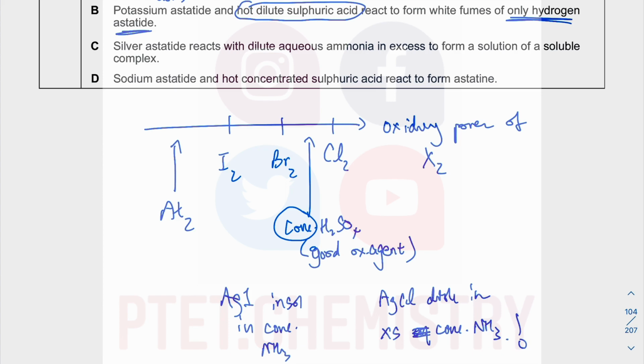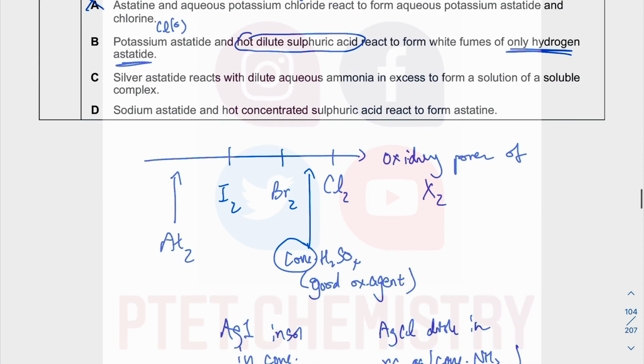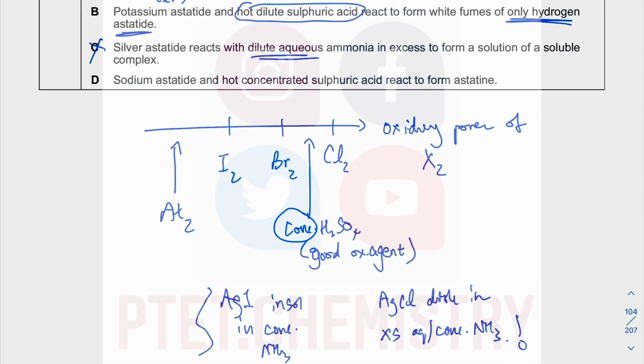No, actually it dissolves in excess aqueous ammonia as well, okay? Aqueous or concentrated, that will work, but you need a huge excess of it. But the solubility of the silver(I) halide decreases down group 17. So you are not going to dissolve silver astatide just with dilute aqueous ammonia when the silver iodide already doesn't work that way, yeah?